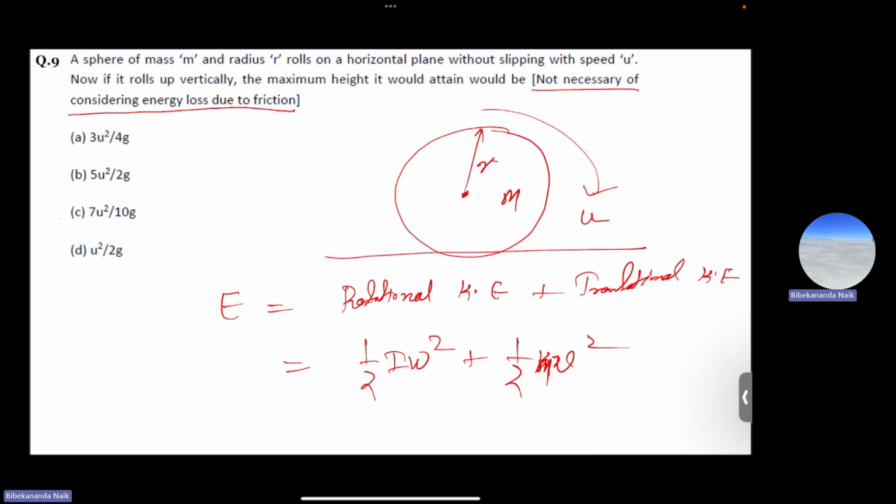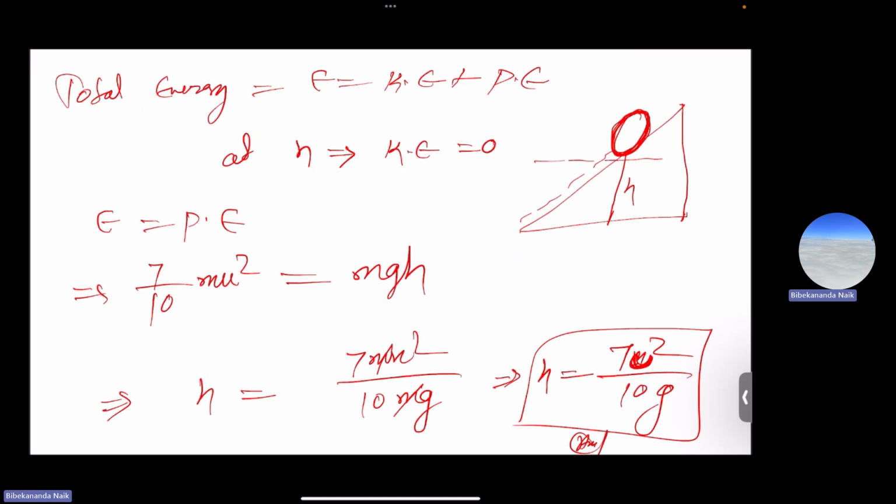So 7 u square divided by 10 g is the correct option, that is option C. So here initial energy was due to both rotational energy and translational energy. So we found the total energy is 7 by 10 mu square. When it went up to a vertical distance h and then it stopped, the kinetic energy becomes 0. Total energy becomes potential energy, so h is 7 u square by 10 g. So I hope this is clear to everyone.